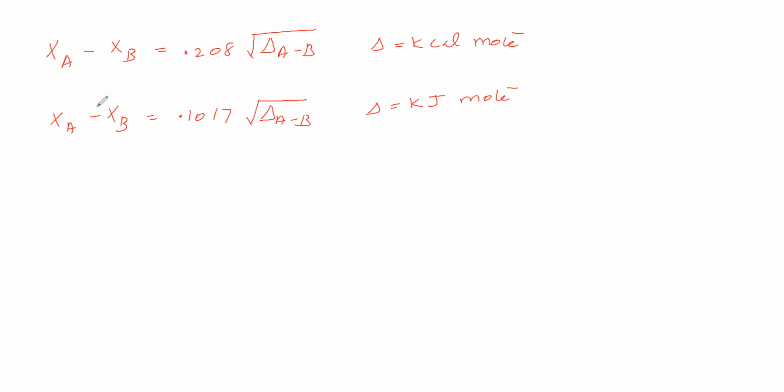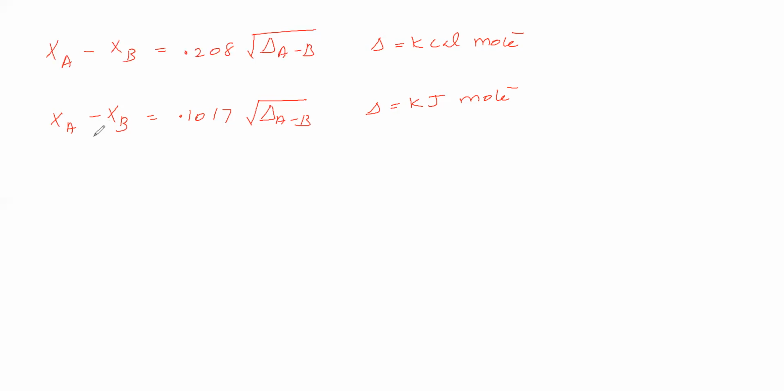Then out of these two electronegativities, if one electronegativity is known, another electronegativity can be found. So it is called the Pauling scale. Pauling derived this formula to find electronegativity. Now in this formula, this delta can be obtained from the table.